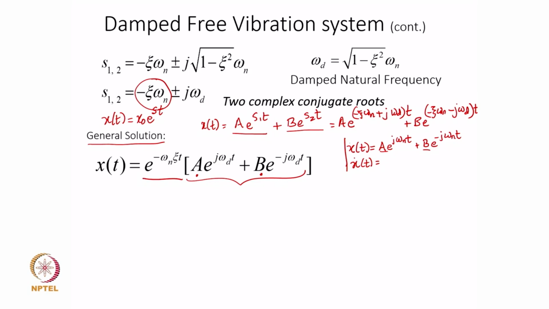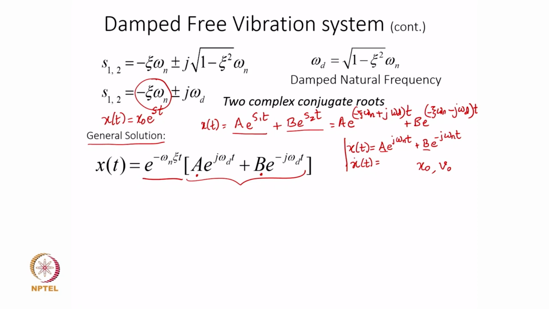So, A and B were obtained in terms of the initial conditions x naught and v naught, which were basically the initial displacement and initial velocity. And a similar thing will happen for the damped case as well: the unknown constants A and B will be obtained using the initial conditions x naught and v naught. That is an exercise left to you.